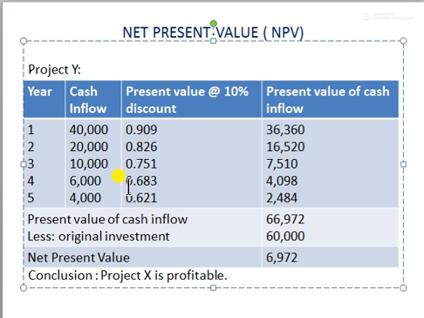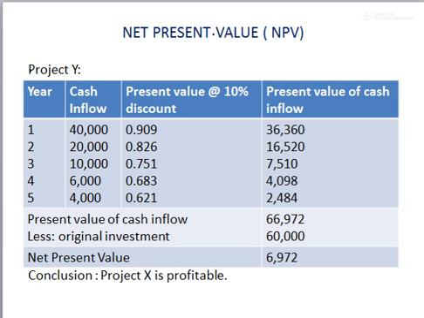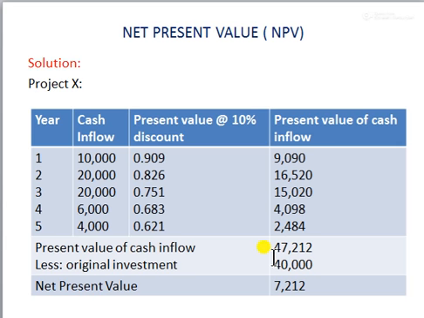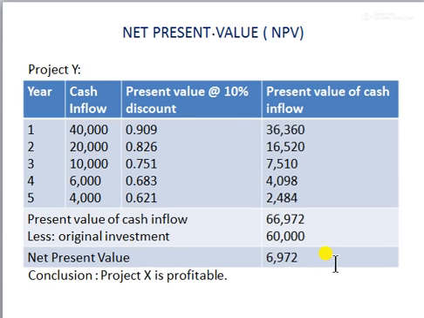That is the best one, that is what we are going to choose. Here X has an NPV of 7,212, Y has 6,972. So project X is profitable because that project has more NPV.